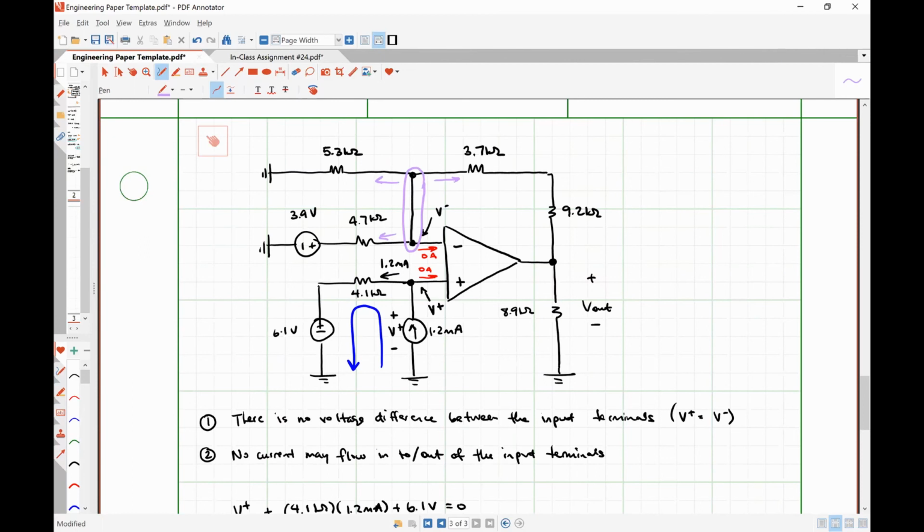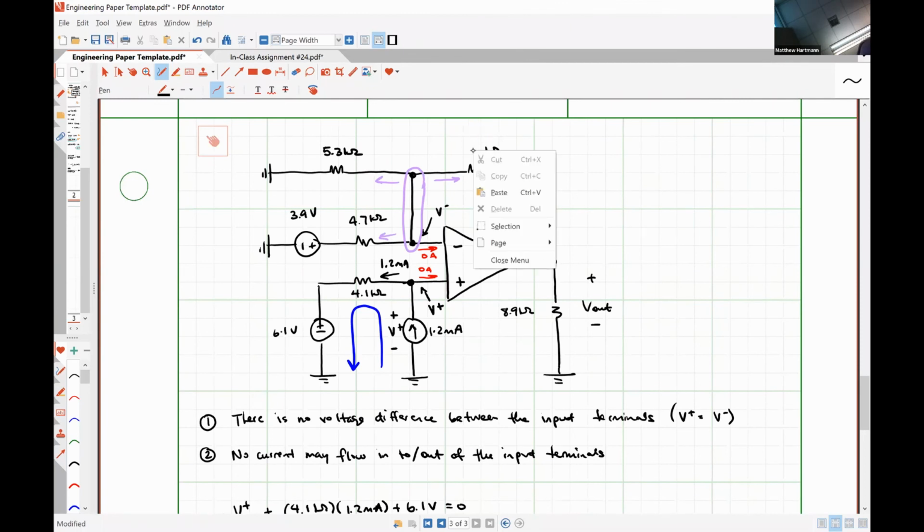Series. So I could combine them into a single equivalent resistance, which will potentially make my math a little more straightforward, right? So 9.2 plus 3.7, I believe is 12.9. Now it looks like a single resistor there, and that's going to allow me to get an equation for my output voltage in a little bit easier fashion.